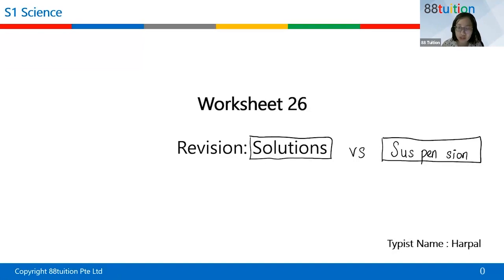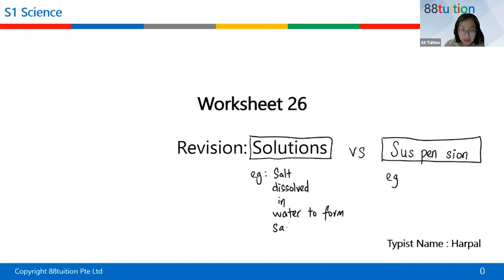All right, so suspension. Can you give me an example of a suspension? So here will be salt dissolved in water to form salt solution. Now an example of a suspension will be sand and water.